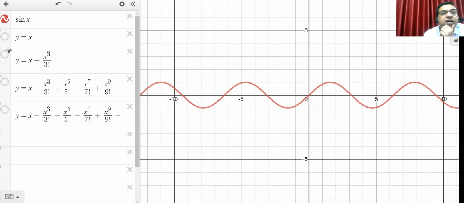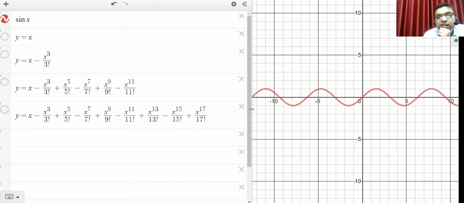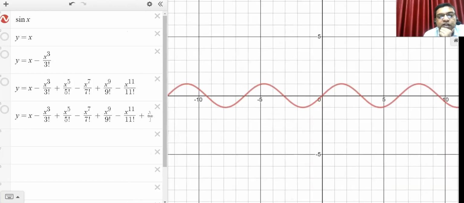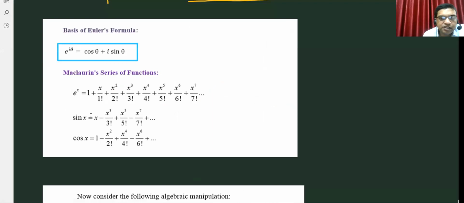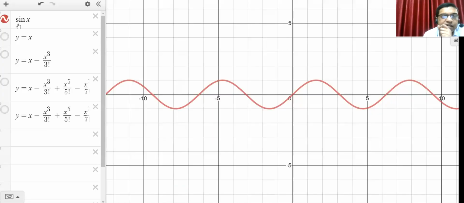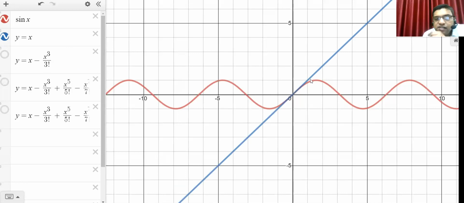Now I'm just showing how that Maclaurin series is equivalent to sine. Now sine x, if I just take the first term of that series, sine x is x. So when I take the first term, I get a straight line. So these two are not equal. Sine x is equal to x only in a very close vicinity of 0, otherwise not.